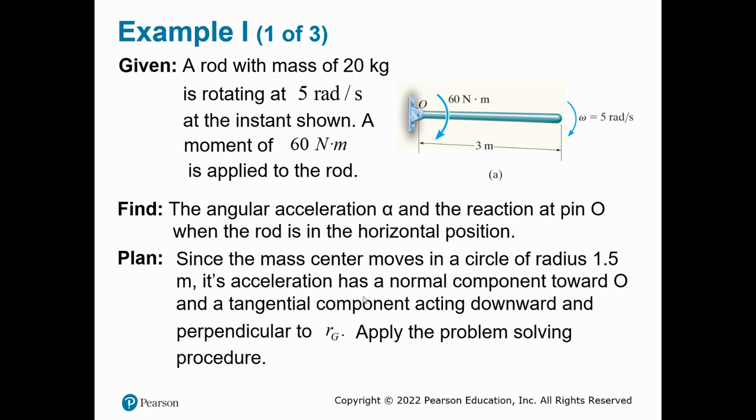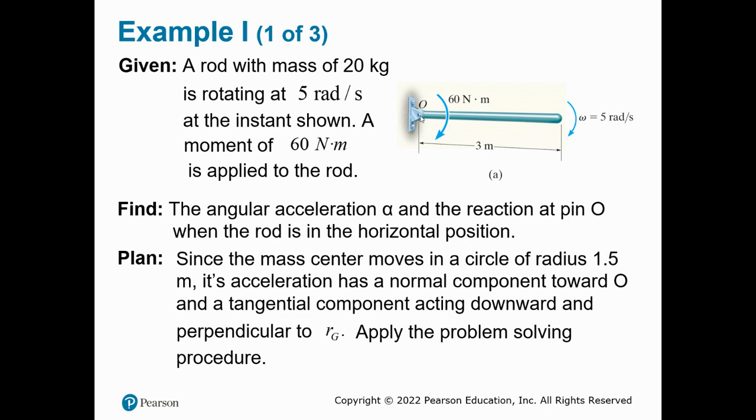This rod is definitely rotating. In your statics class, you learned that point O is a pin support, so that means you have constraint reaction forces coming out in two directions. We know the mass of the rod, we know the radius, and the angular velocity is 5 radians per second.